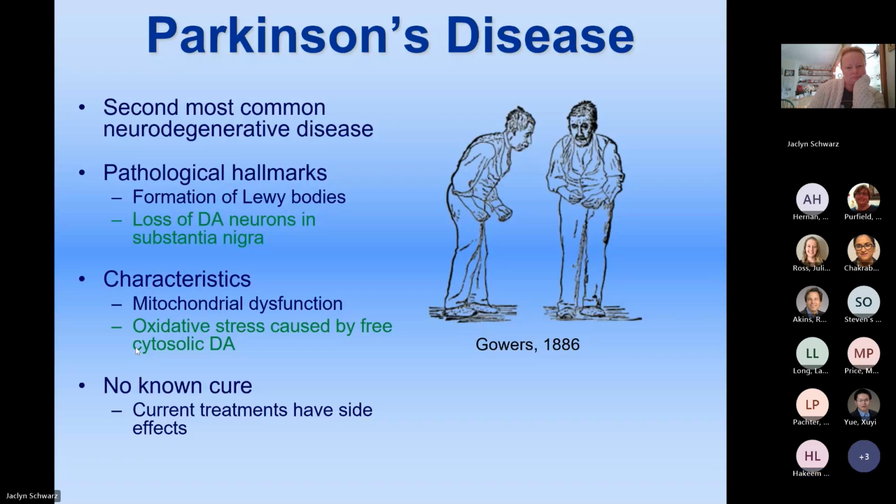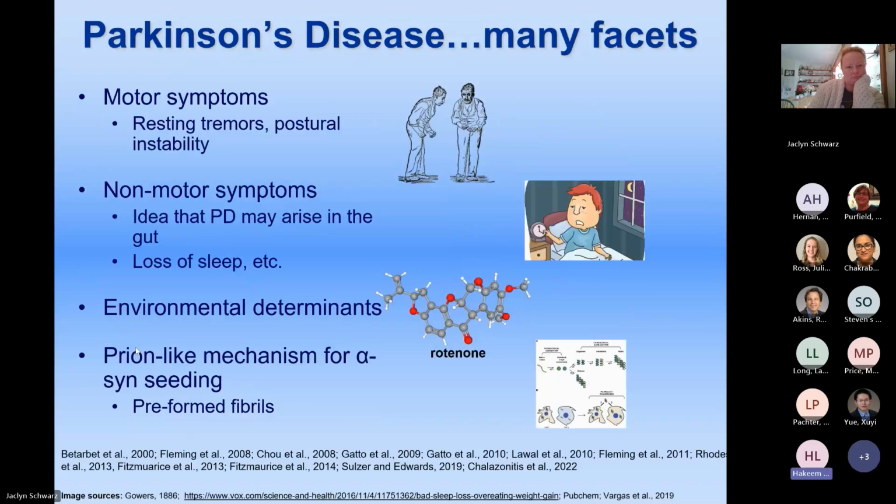And on the next slide, I introduce to you the many, many facets of Parkinson's disease. And in fact, this is not exhaustive, as a perusal of this list would show you. The resting tremors and postural instability are very well-known motor symptoms of Parkinson's disease.